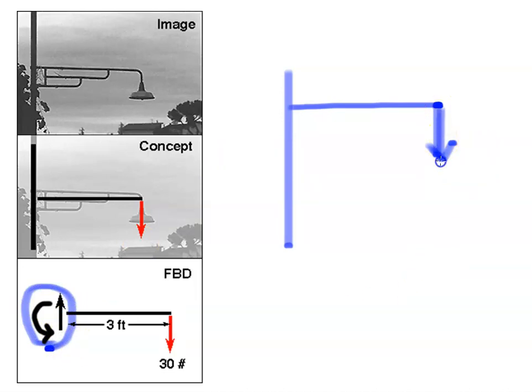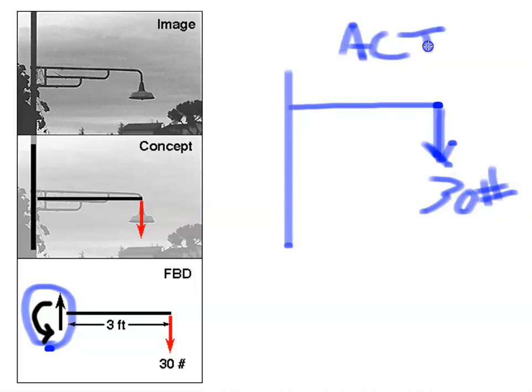This light is bearing down with 30 pounds of weight, and the action, let me do this in blue, the action is what kind of stress this is inducing on the system.